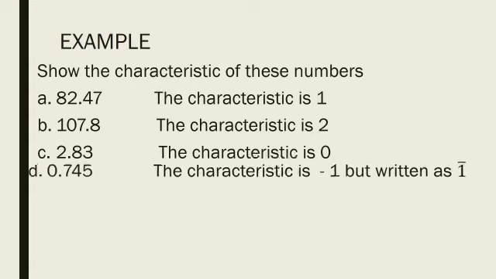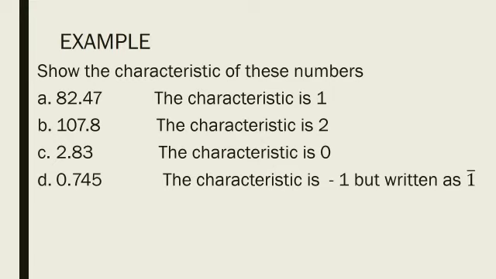The D part of it we have 0.745, and we say the characteristics is -1, written as bar 1. How is it so? In 0.745, the first significant digit there is 7, and that 7 is 7 tenths, that is 7 over 10. So we still have 10 there, 1 zero.